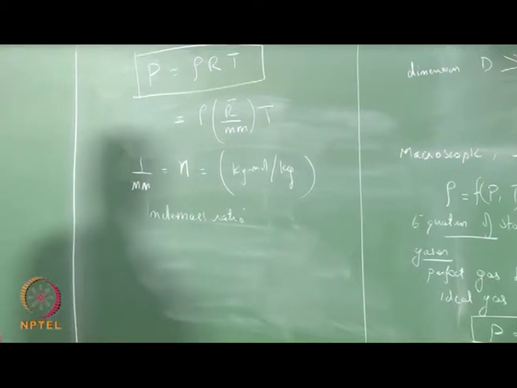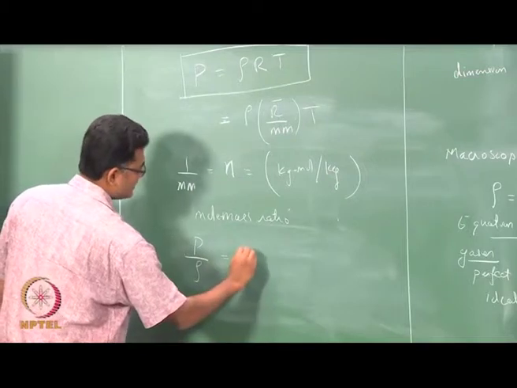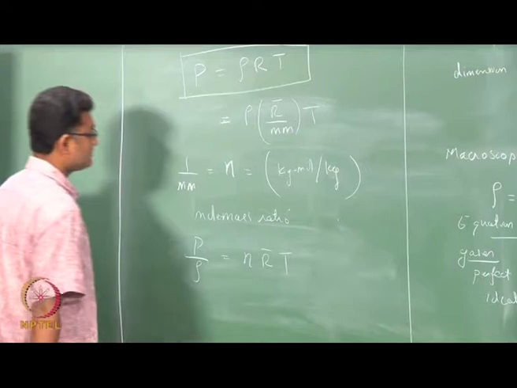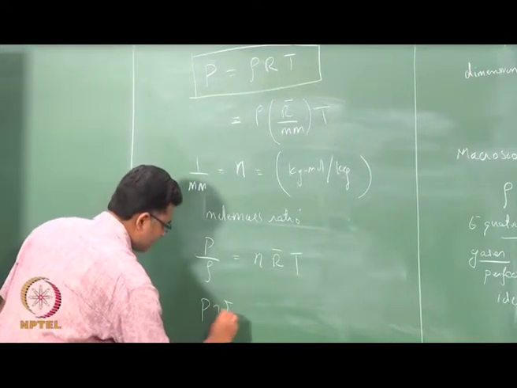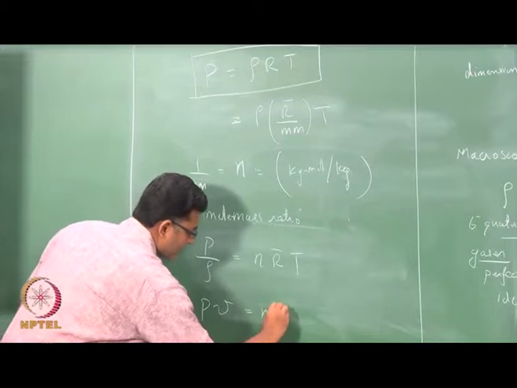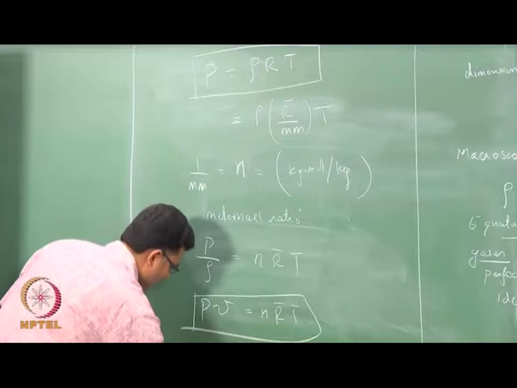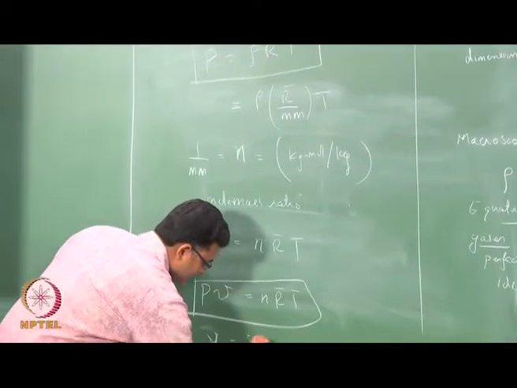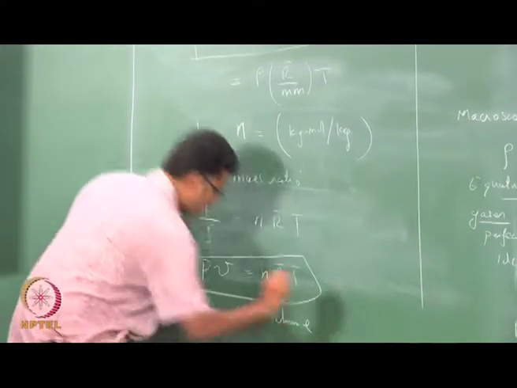Now, if I substitute N there, my P by rho is N R bar T, and I can rewrite this as P V equals N R bar T, where V is my specific volume.